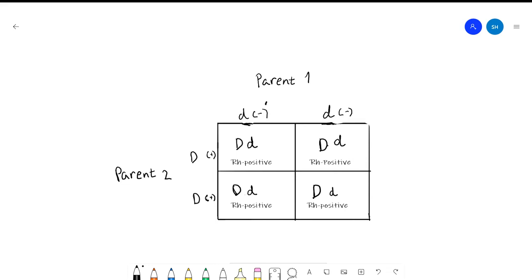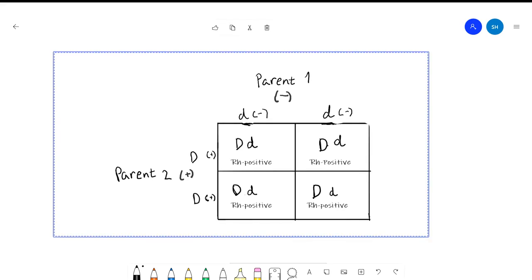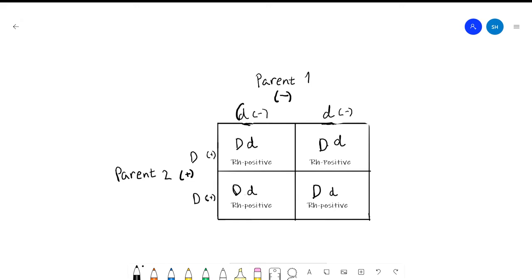Parent 1 has Rh negative, and parent 2 has Rh positive. Parent 1 has Rh negative because both of their alleles are negative alleles, and parent 2 has a positive blood group or Rh positive because he or she has at least one positive allele.